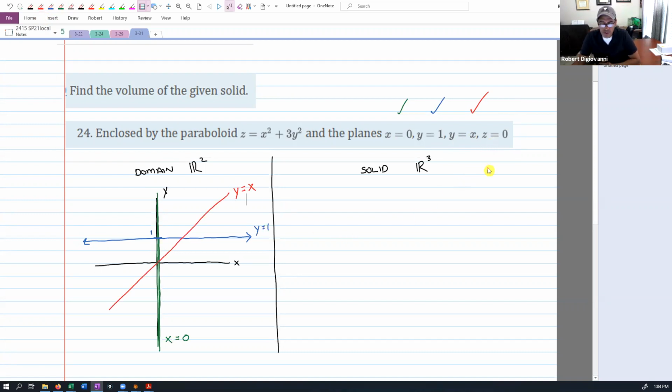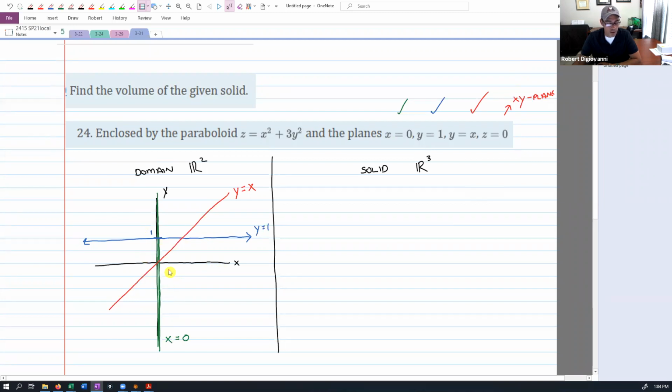And then Z equals 0. Now, Z equals 0 is hard to draw on here, but we should all be comfortable with the idea that this right here is just the XY plane. Right, that's this whole picture, this sheet that we're looking at.